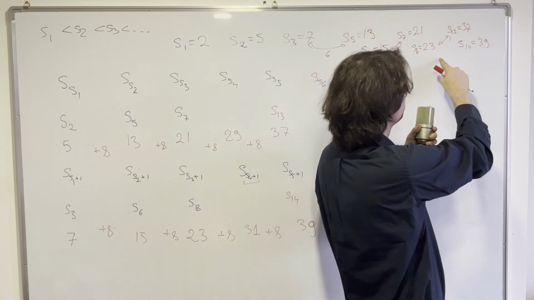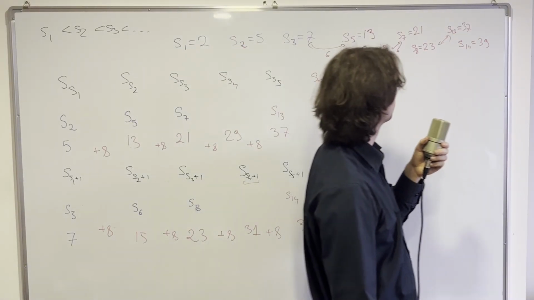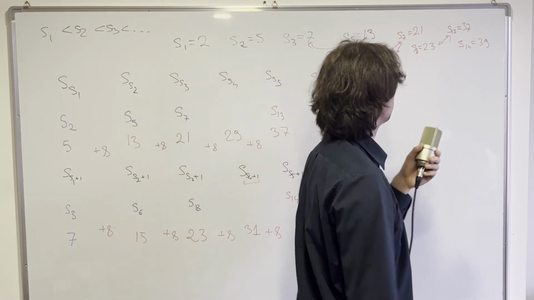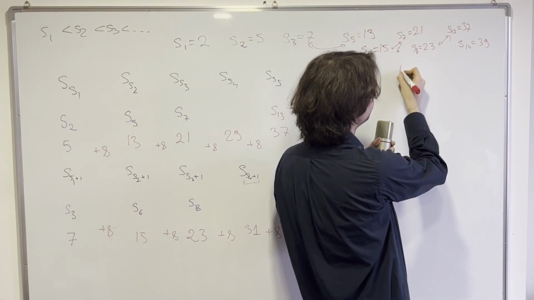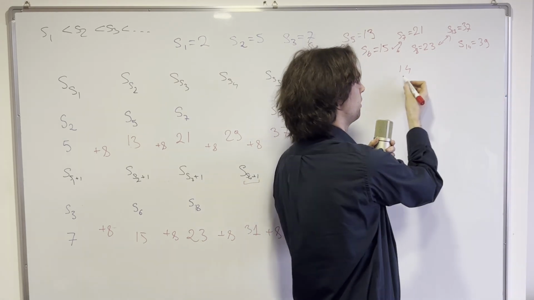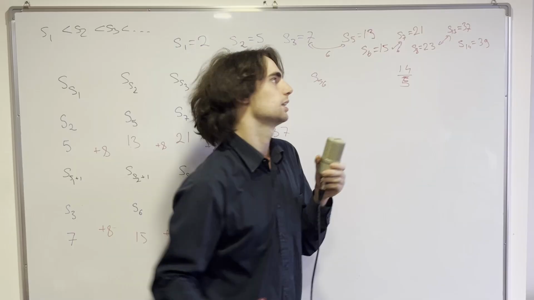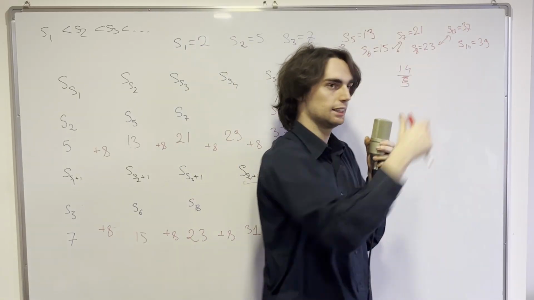And here we have S13 minus S8, which is going to be 37 minus 23, which is equal to 14. And how many differences are there here? Well, there are 5 differences. You can think of this as S13 minus S8.